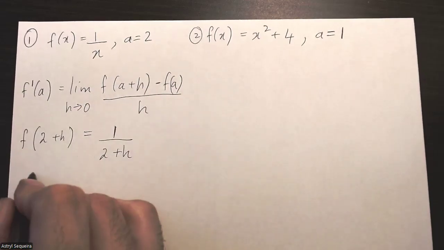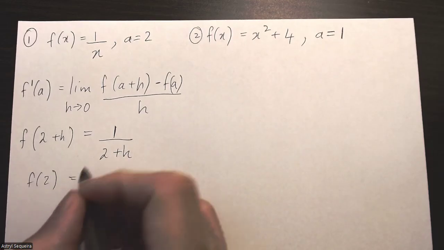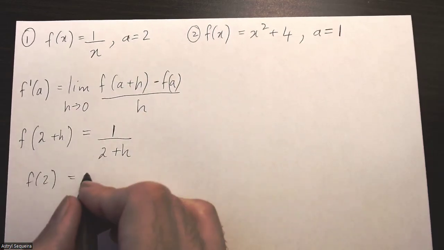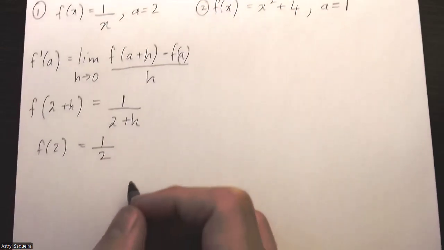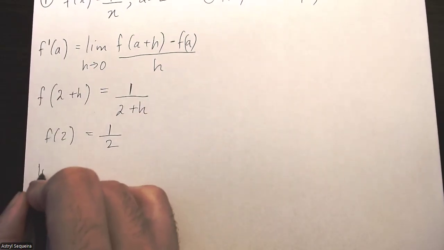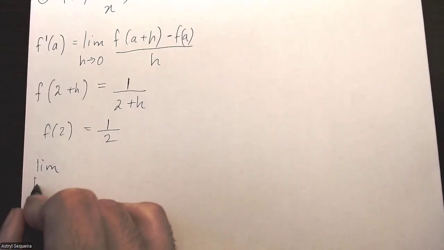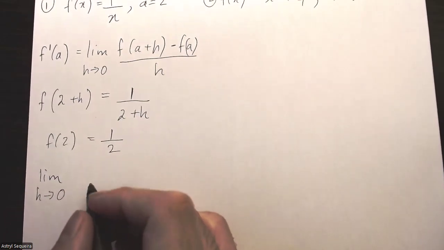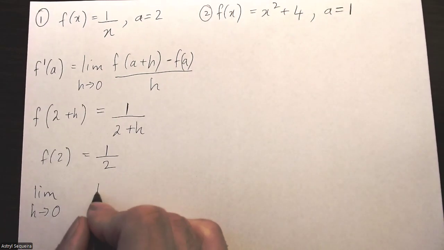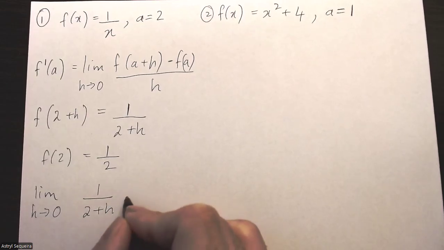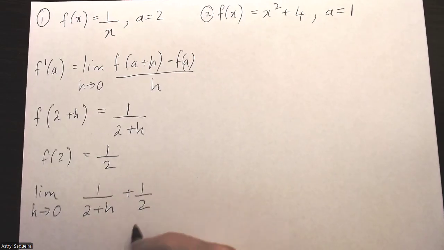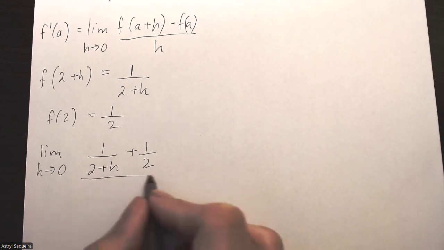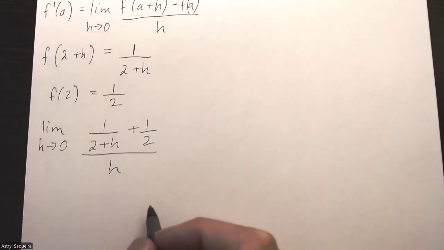I know a is 2, so f of 2 is just 1 over 2. Now let me sub this all into my limit equation. So the limit as h approaches 0 of 1 over 2 plus h plus 1 over 2, all divided by h.